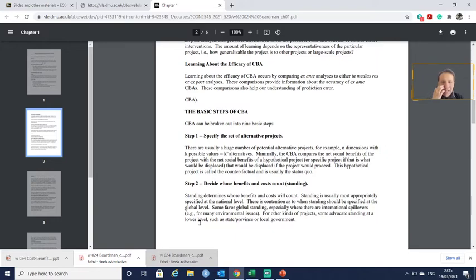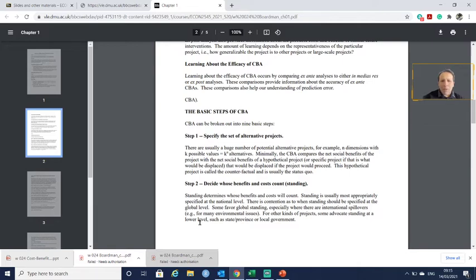Okay, so these are the characteristics, and now I would like to focus on the basic steps of CBA. We have not covered this so far, but CBA can be broken into basic steps.